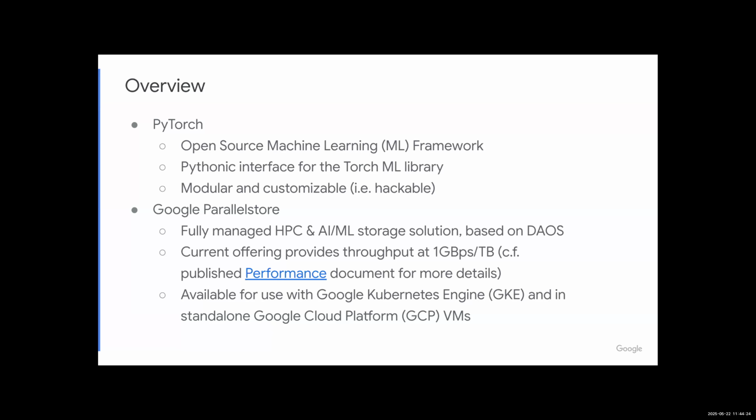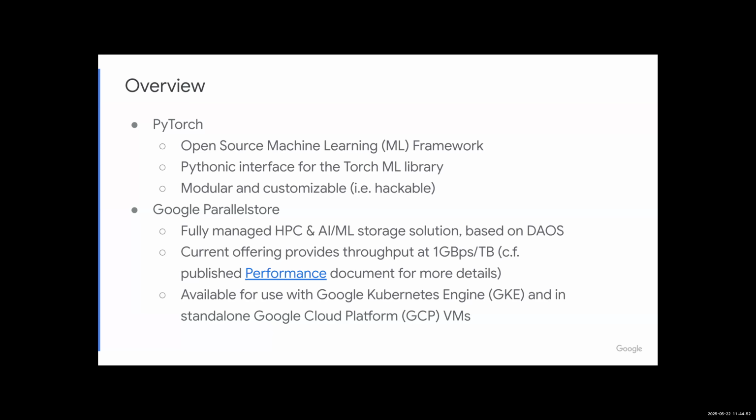Parallel Store, it's a little bit of marketing fluff here, but it's a fully managed HPC and AI/ML storage solution. It's based on DAOS, currently 2.6. The current offering provides throughput at 1 gigabyte per second per terabyte of data stored. You can take a look at the published performance document for more details on that.